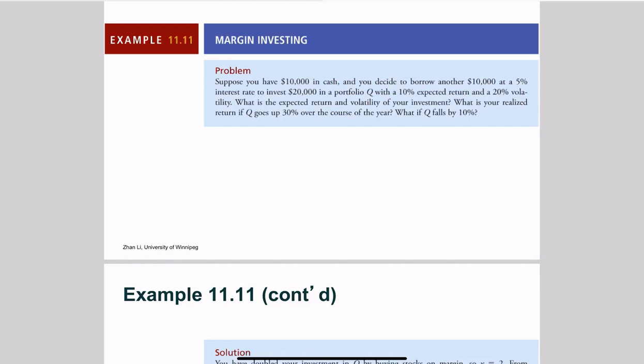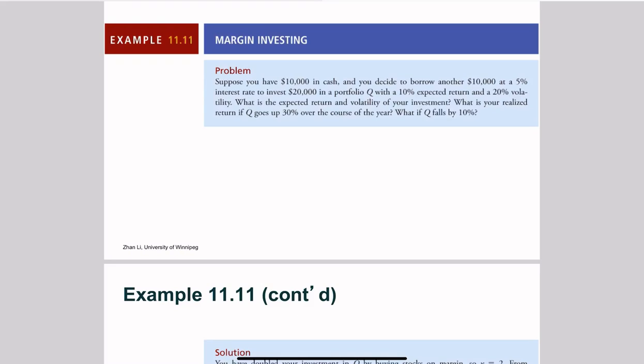So the question is, what is your expected return and the volatility of your investment? And what is your realized return if Q goes up 30%? What if Q falls by 10%?